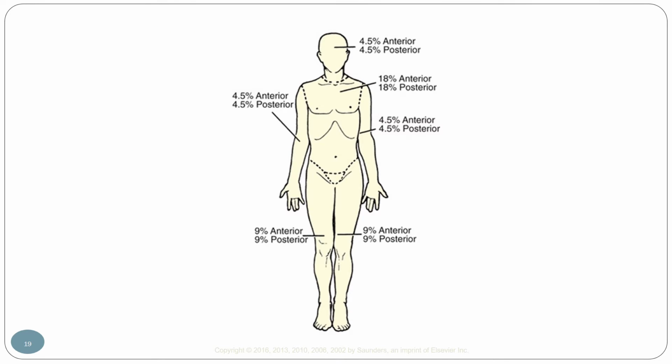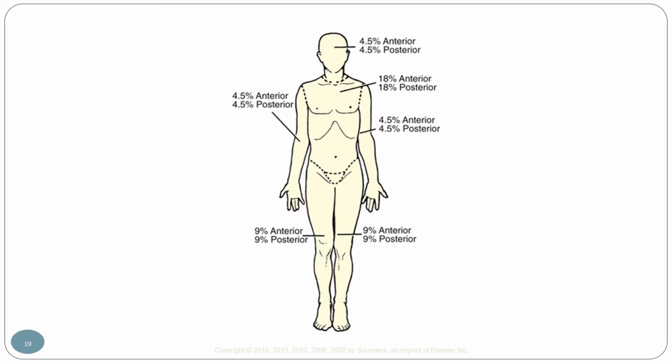This picture kind of shows how the rule of nines is divided. So the head is given 9%, and it's divided into 4.5 for anterior and 4.5 for posterior. The torso is double, so we work with 18% for anterior and 18% for posterior.